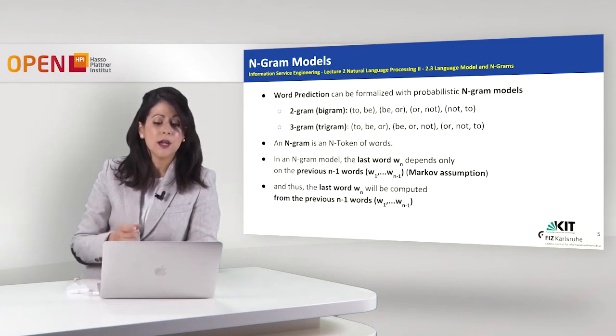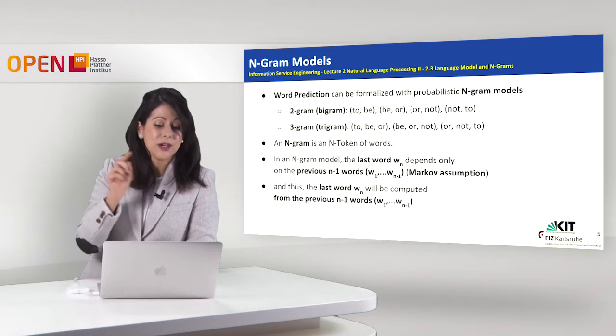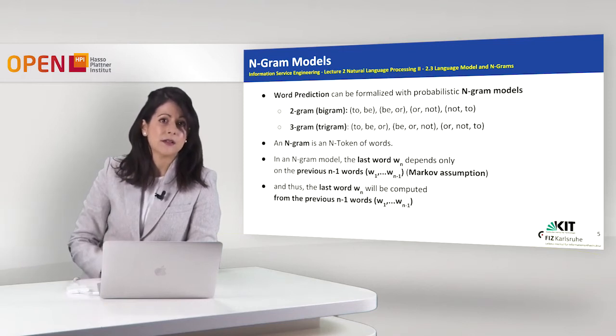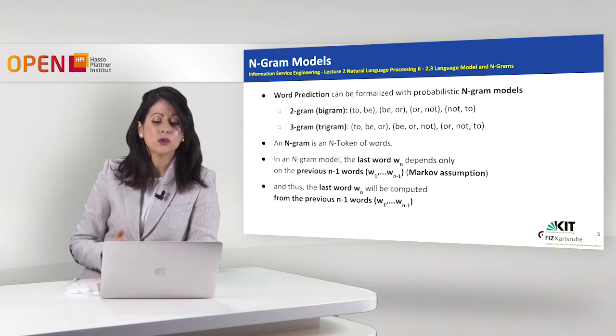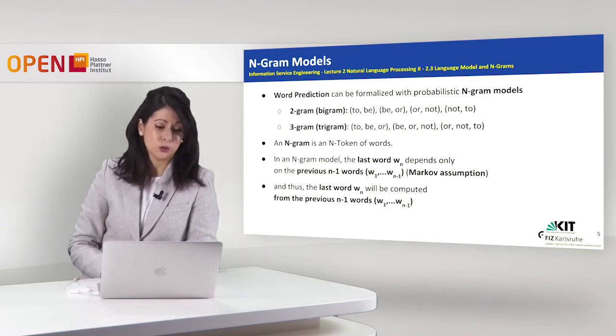Also, we can have a 3-gram or trigram, where here we have a 3-token element. So again, from the same sentence, the 3-grams look like this.